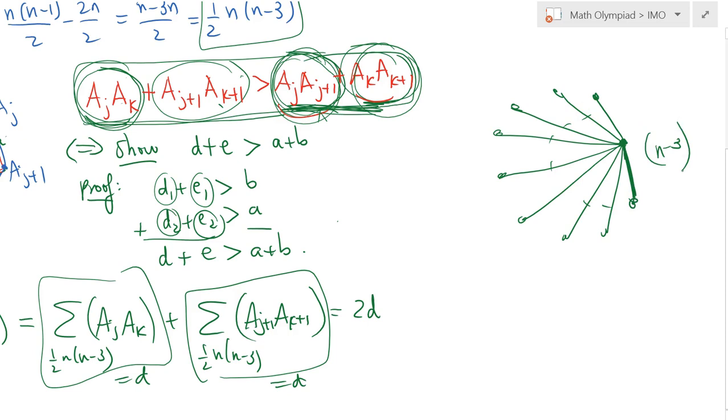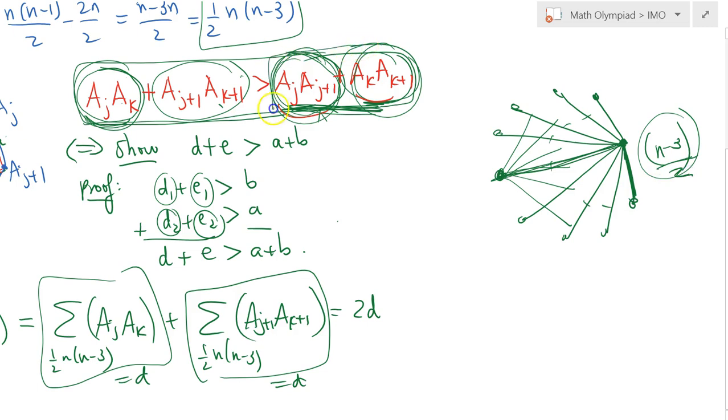Does that make sense? But I should be careful, because even though I counted n minus 3 times, I really need to divide it by 2, because when I go to that vertex and this one goes to n minus 3 of its neighbors, you see that this one is being repeated. So each diagonal is repeated twice. So really divide it by 2 now.